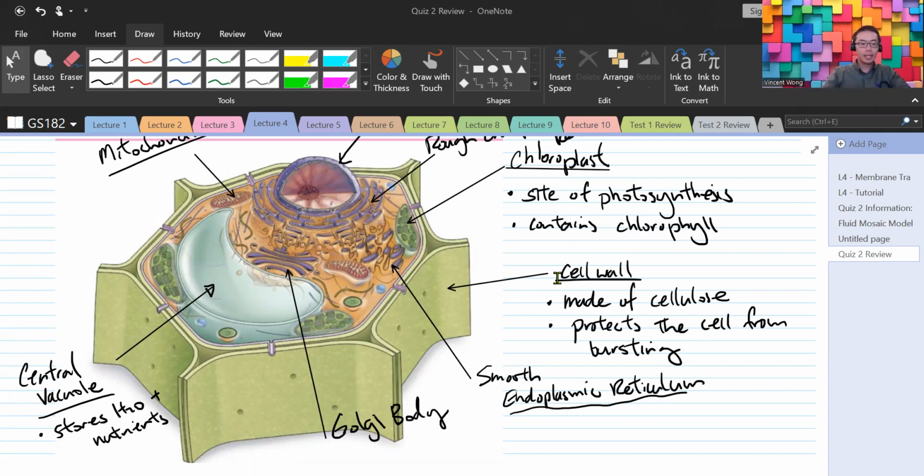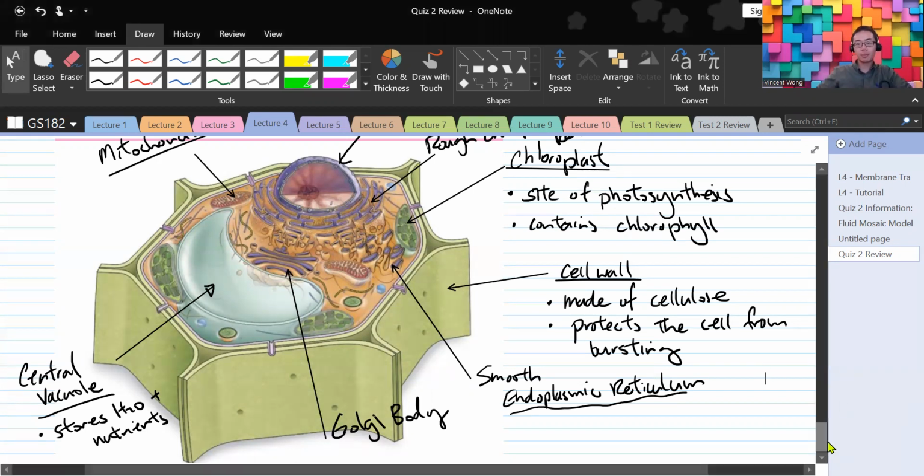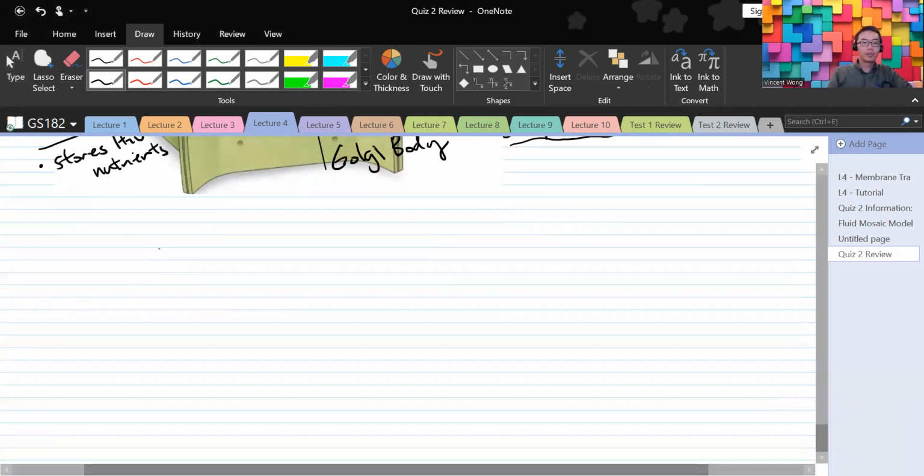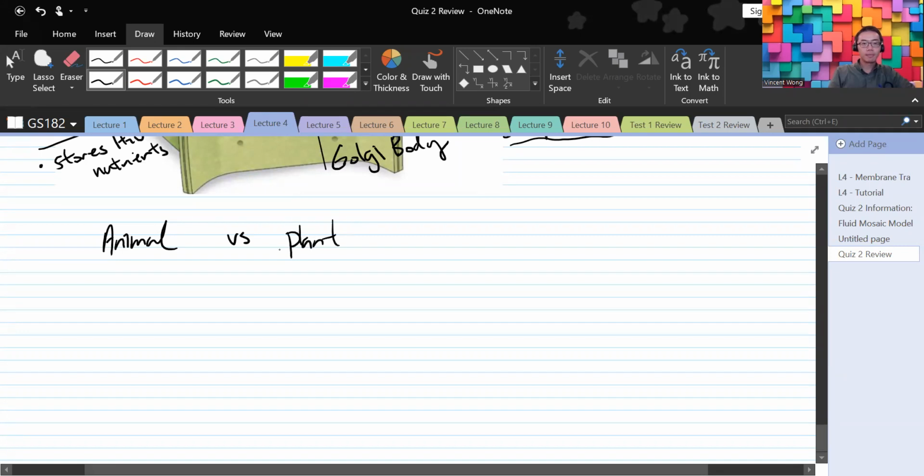Okay, good. Let me see if there's anything else you should know. There's a chart that talks about what's found in animal cells and what's found in plant cells. Maybe we should quickly review that. So, animal versus plant cells. Animal cells have lysosome, centrioles, and flagellum.